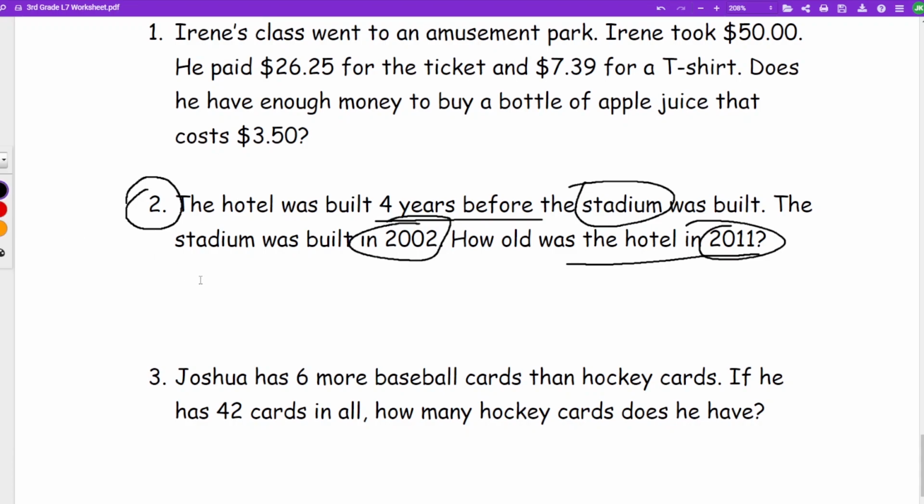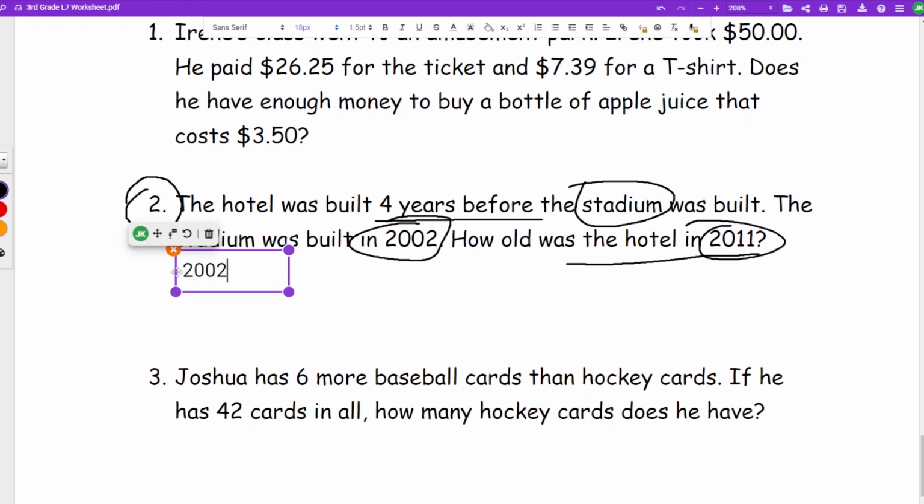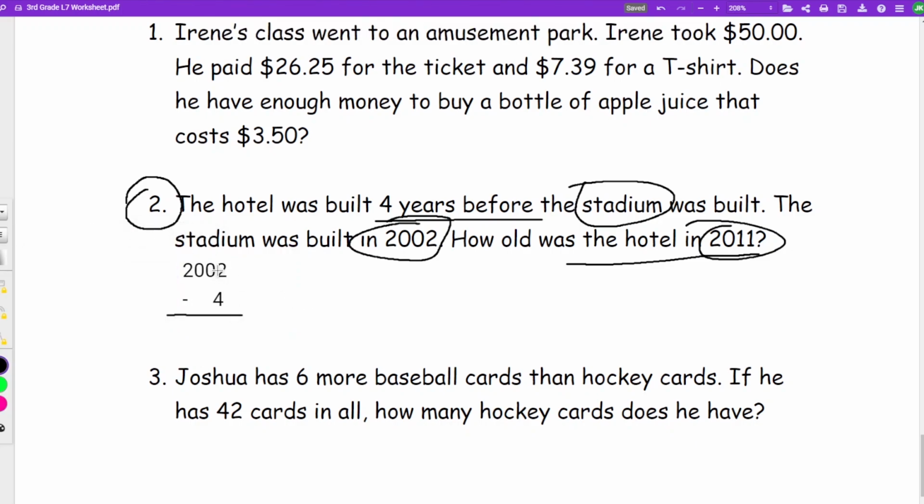So, to find when the hotel was built, I'm going to subtract 4 from 2002. So, 4 minus 2, can't do that. You can't do that either because that's a 0. So I'm going to look over here, can't do that. Oh, here's a 2. Let me change that to a 1, change that to a 9.